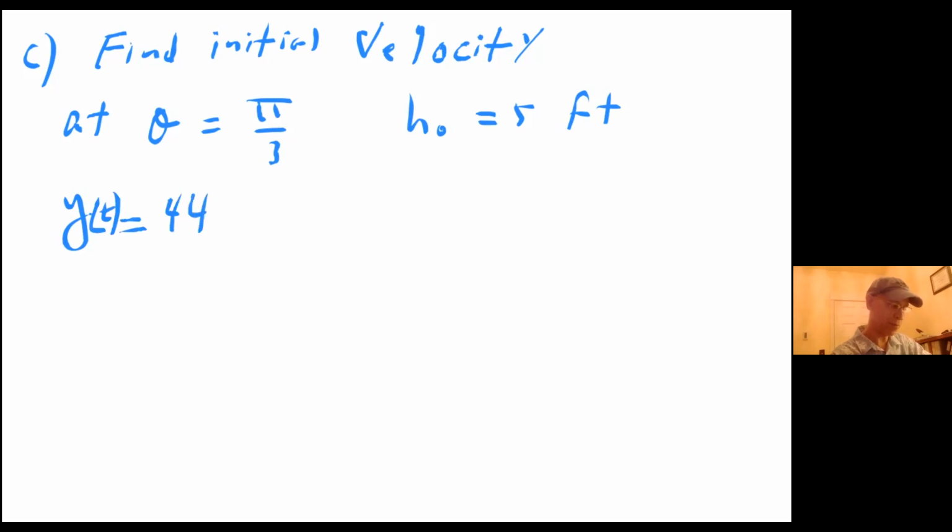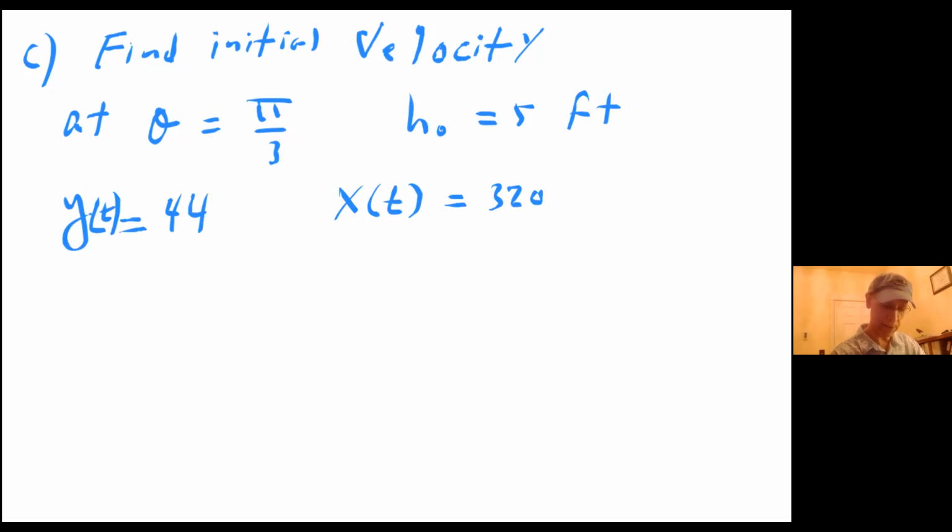And the problem is saying that the fence is 320 feet away. So x of t equals 320 feet. So now we know that x of t is 320 and y of t is 44.